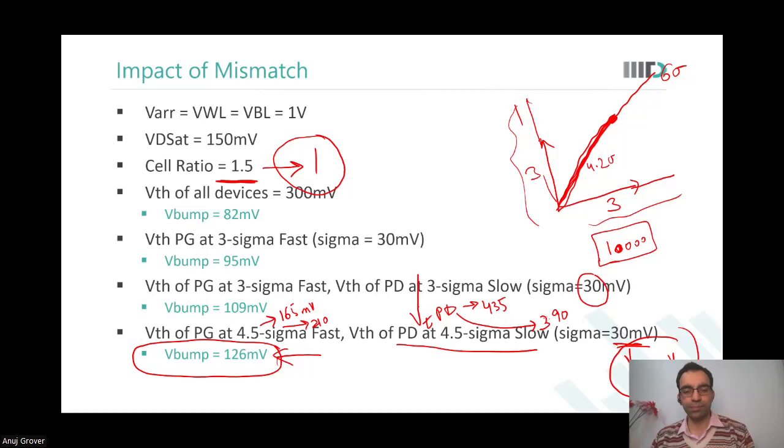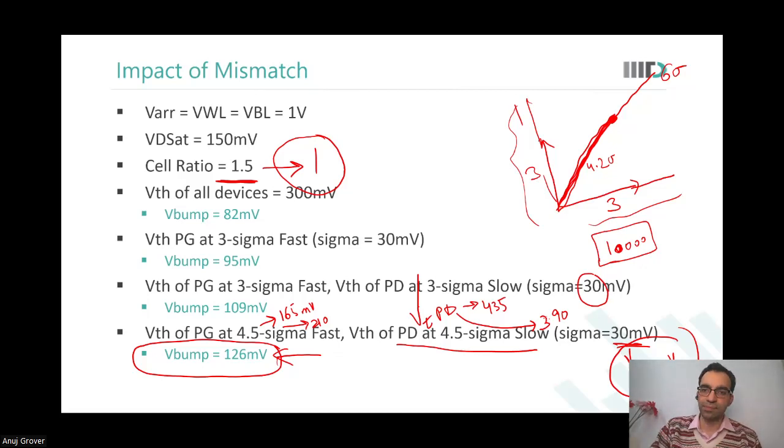So are we getting the V bump for a cell ratio of 1.5 similar to that for a cell ratio of 1 after considering the variations? No. With a cell ratio of 1.5, I'm ending up with the same V bump or a worse V bump than what I would have got with a cell ratio of 1 when variations are considered.